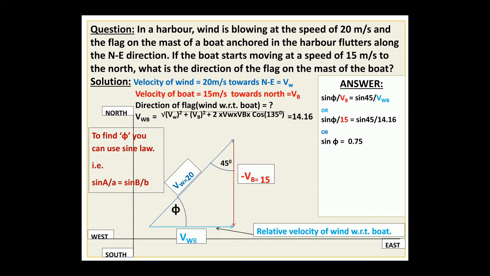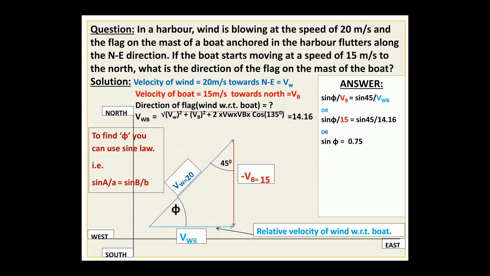So what will be the formula? Using the sine law, sine of phi divided by VB should be equal to sine of 45 degrees divided by VWB. Or you can simply put the values of VB and VWB.